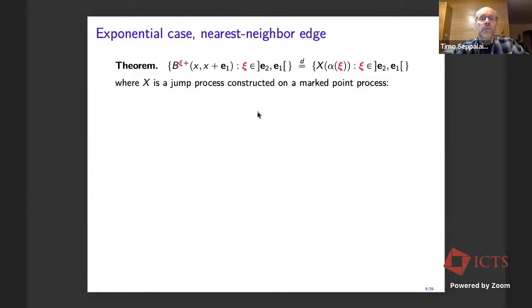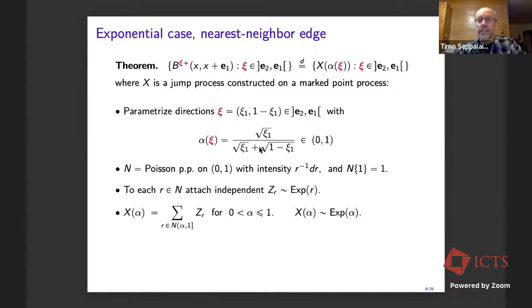But I want to point out that this Busemann function has the same distribution as a certain process that I'm calling here X. X is indexed by the unit interval, so alpha is a real number between 0 and 1. And X actually comes from a marked point process. And here is precisely how.